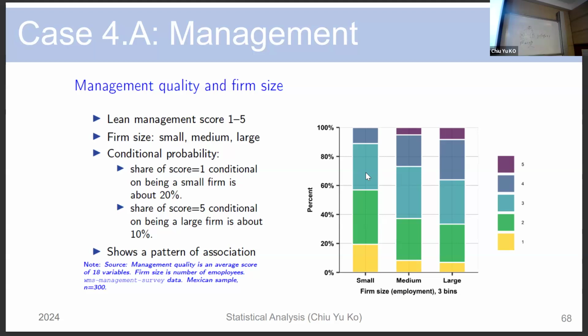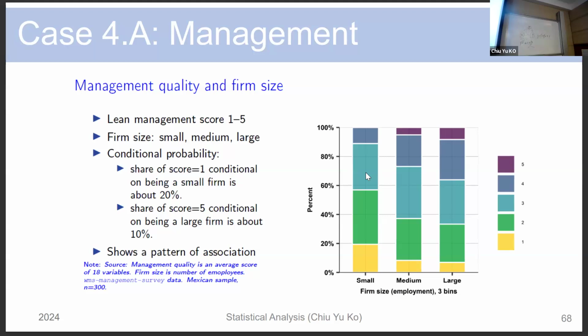It seems to suggest that they are related. Of course, even by drawing this, I cannot tell whether large or small size leads to different scores, or different scores lead to the size. I have said already, it doesn't tell you anything about which causes which.